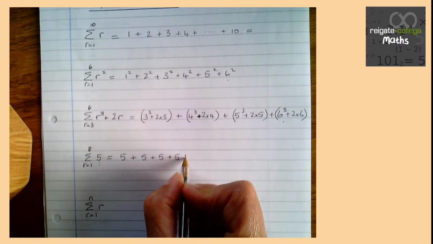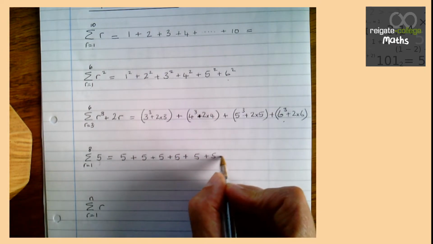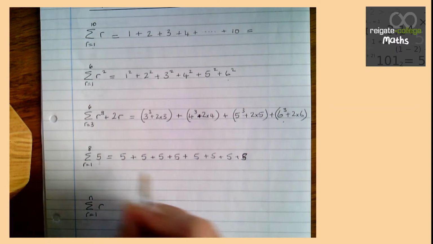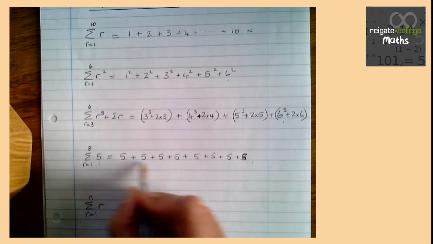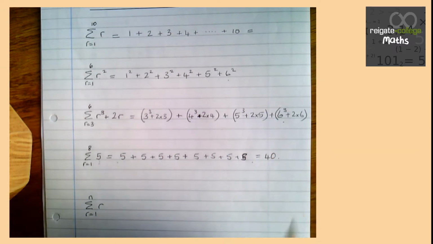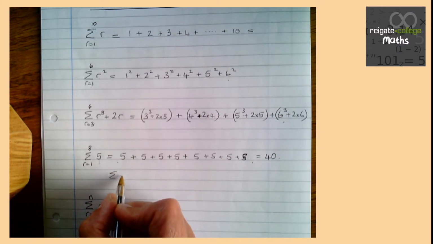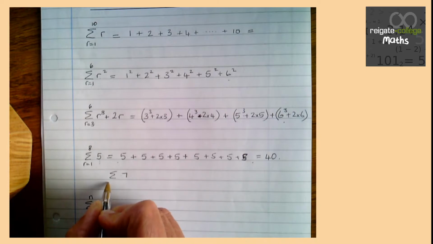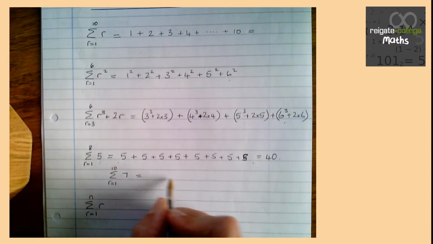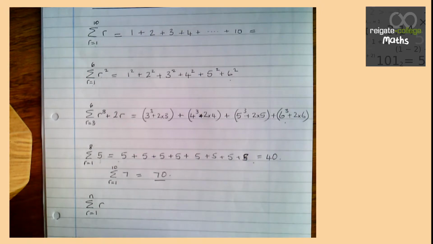I'm going to keep doing that: 1, 2, 3, 4, 5, 6, 7, 8, 8 times. So I have got 8 lots of 5 here, so that is 40. If I've got the sum of a particular number, change it to 7, from r equals 1 to 10, that would be 10 lots of the 7, so that would be 70.